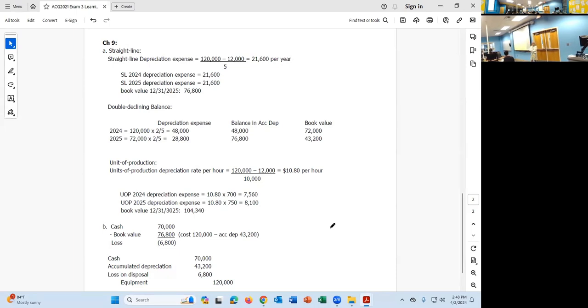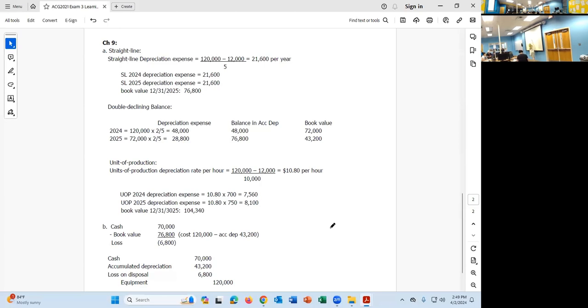We do need to remember though what it means to calculate the book value of an asset. Your book value is the cost of the asset minus the balance in accumulated depreciation. So thinking about the book value at the end of the 2nd year, well, the cost is $120,000.